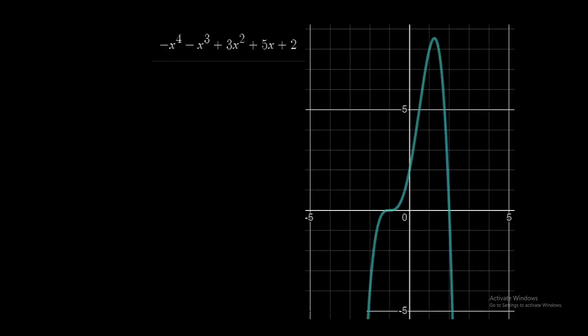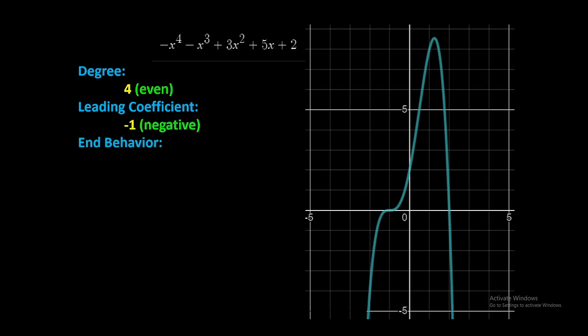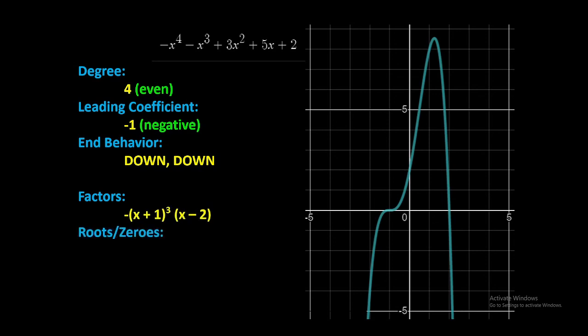Next, let's go to the last example over here. The degree is 4, it's even. The leading coefficient, it's negative 1, that's negative. The end behavior, that is down, down. I already factored this out a while ago. These are the factors. Considering the first factor, how do you write your root using this?